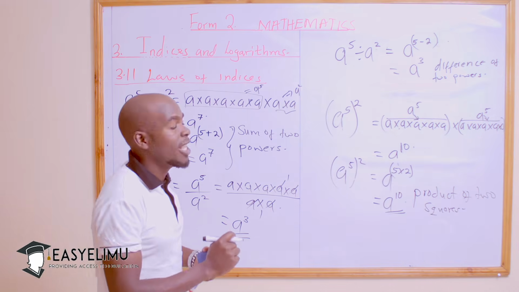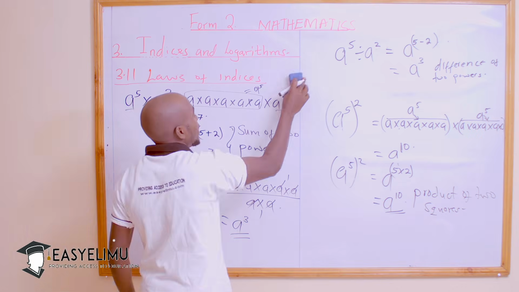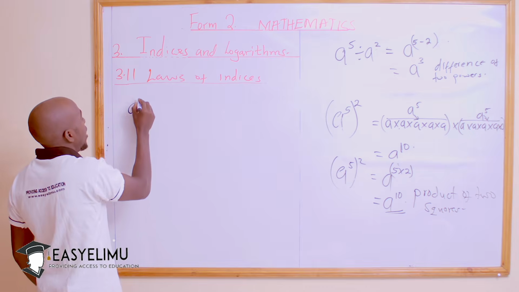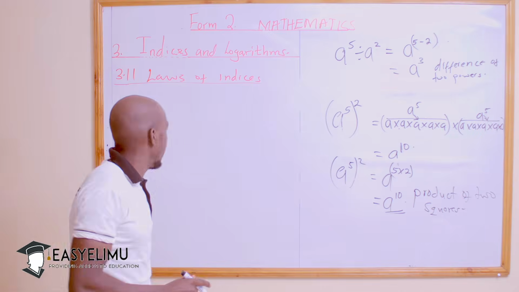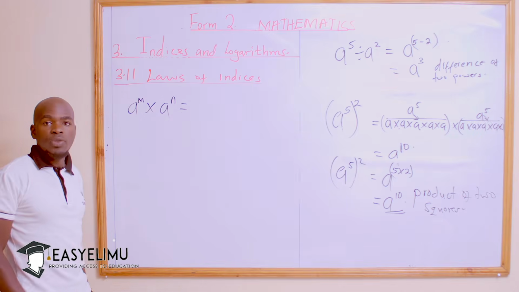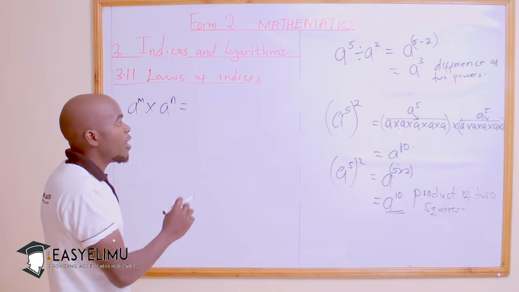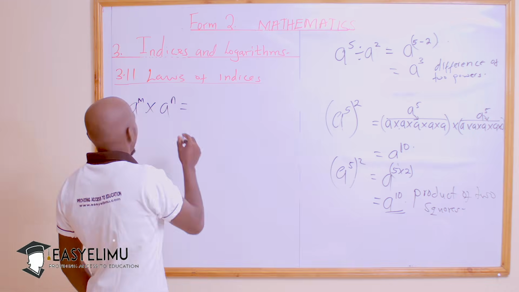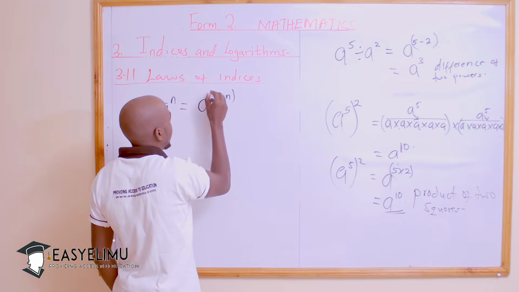With that, we can give a general form of it. In case we have a raised to m, multiplied by a raised to n, then according to the first law of indices, which we have observed, the sum of two powers, we shall have a raised to m plus n.